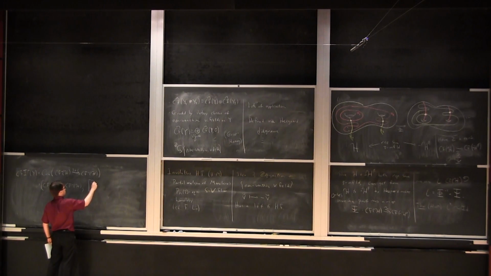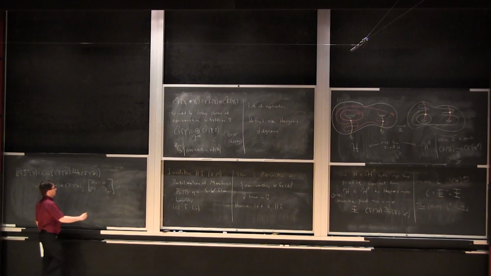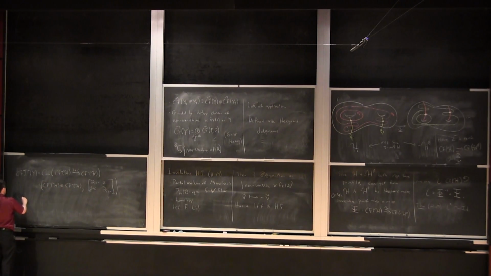The differential is the differential on CF minus, and this map 1 plus iota as the off-diagonal term. And similarly CFI hat, where you replace all the minuses with hats.